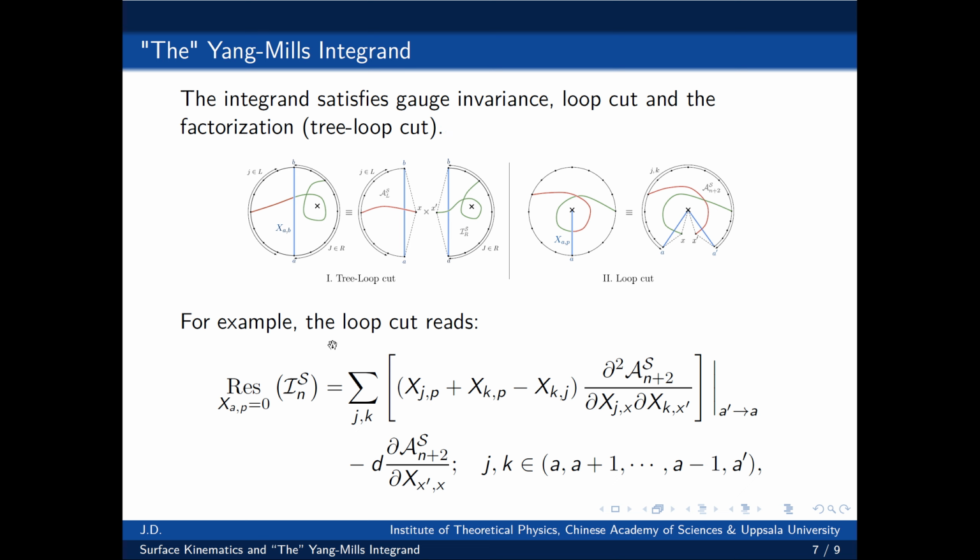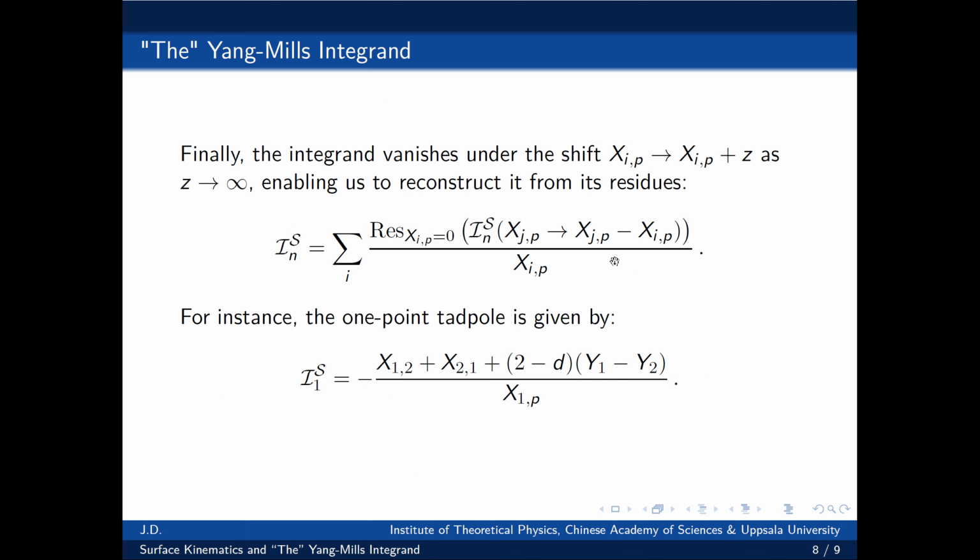For example, the loop cuts are given by the following form, which involves derivatives on the tree amplitudes. And crucially, these are exact statements, which means we are not off by any scaleless terms or any shift of the loop momentum. Finally, the integrand vanishes at infinity under this shift, which means we can compute it recursively.